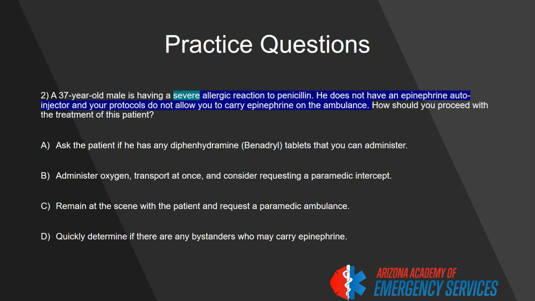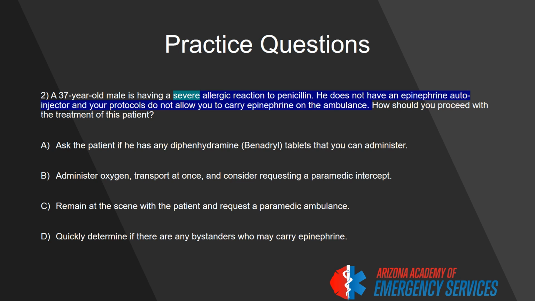So as you're reading through this, the answer option you should be looking to incorporate, if it asked you what are you going to do for this patient, would of course be the administration of epinephrine. Now it's important as you keep reading through the question, this primary information, he does not have an epinephrine autoinjector. Uh-oh, that's bad, okay? But it's key information because it's telling you presently what you have to work with.